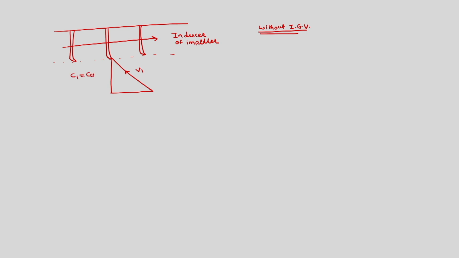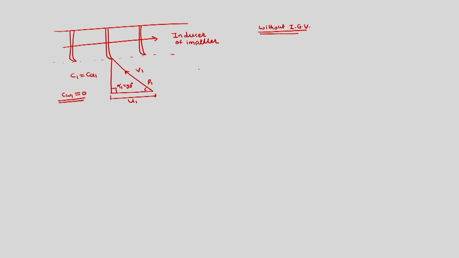So, we have CA equal to CA1 and alpha 1 equal to 90 degrees, and beta 1 is the angle made by the axial velocity with the tangential velocity. Here we have CW1 equal to 0.